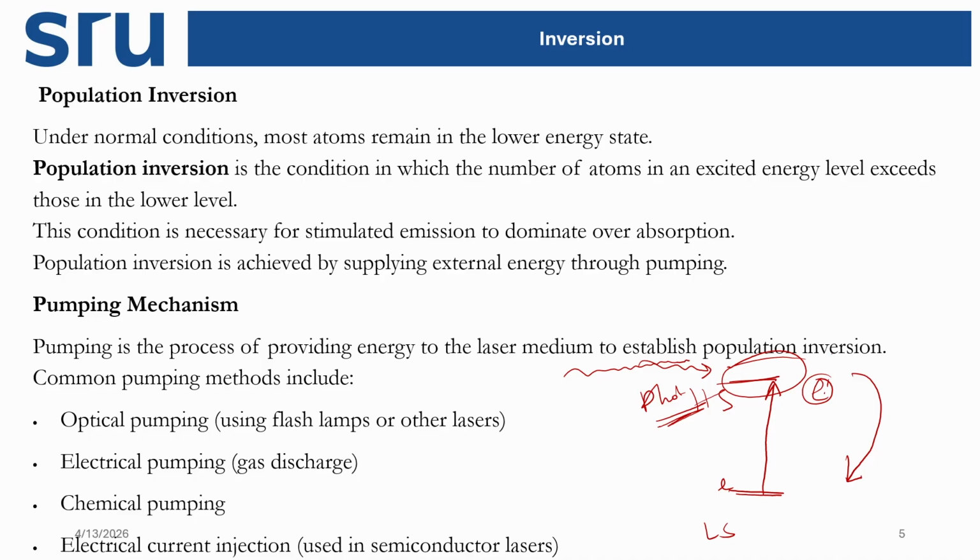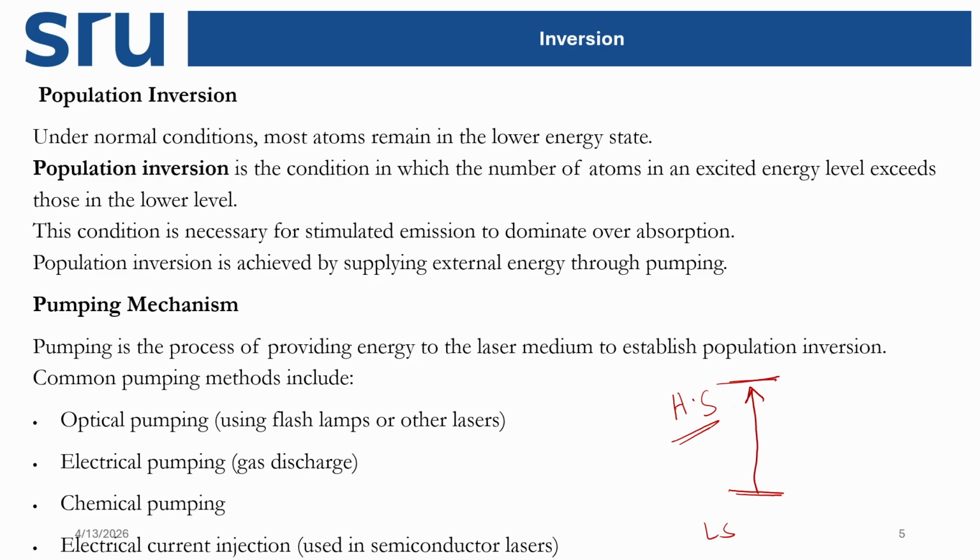Again, from the ground state, electronic transitions happen into the higher state by means of energy excitation. Then in the excited state, which is unstable, we provide a photon. The photon interacts with the high energy electron, which then emits a photon and comes to the ground state.